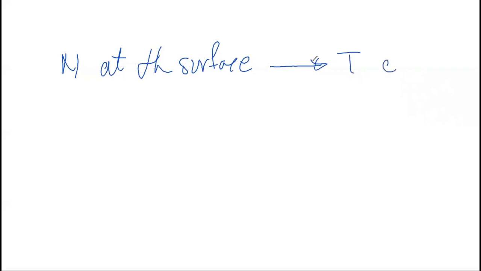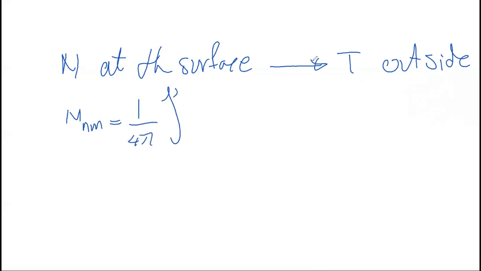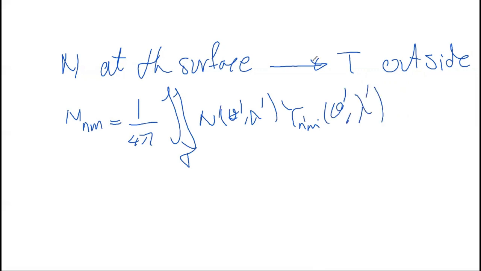So N at the surface, I want T outside. So that's simple. If I can compute spherical harmonics of N, you should remember the synthesis and the analysis. If I measure N all over the sphere, times Y_nm of theta prime, lambda prime, d sigma, I get this N_nm.